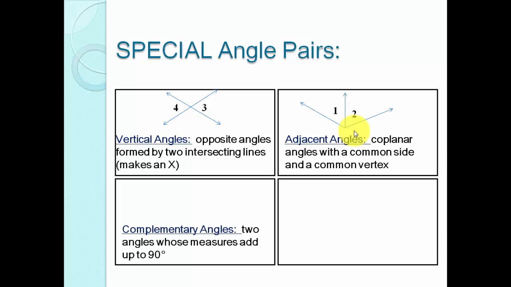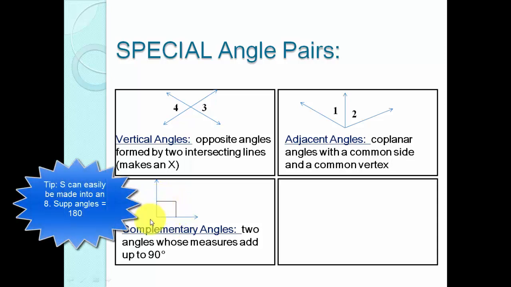Next we have complementary angles. These are going to be two angles whose measures add up to 90 degrees. Here we have one angle that adds up to 90 degrees. Notice that I added in the square in the corner of the 90 degree angle. This is the notation that you will always use to show that an angle is 90 degrees.